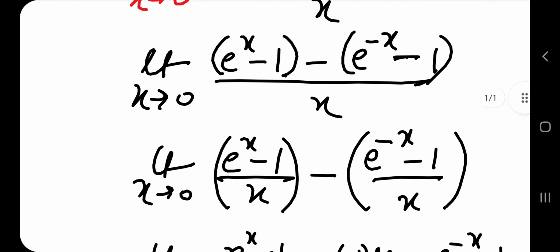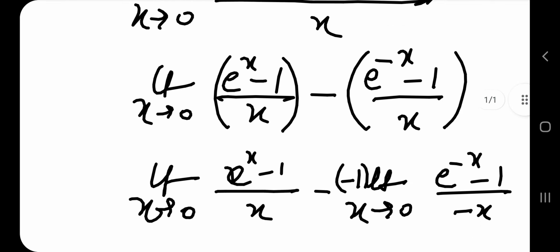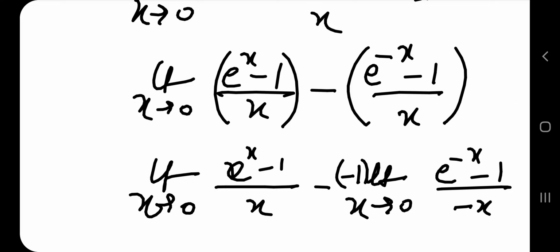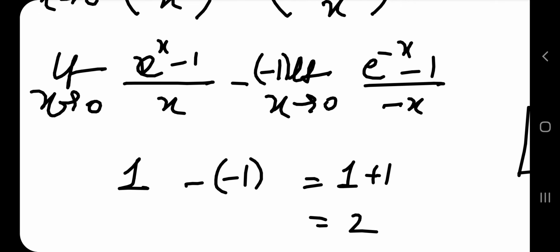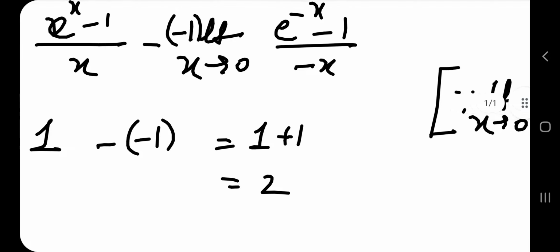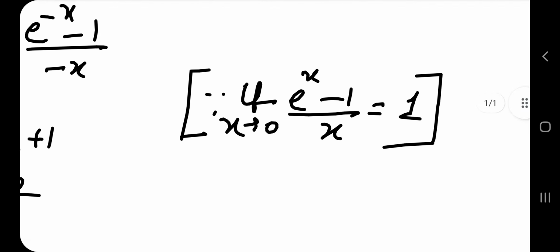Once you get separated, then put the limits as usual. The first part is a formula, and in the second part I have to place minus x, and then for minus x I have to write minus 1 also. So we are getting minus 1, minus of minus 1 gives you 1, and then 1 plus 1 is 2. Formula is again written over here.